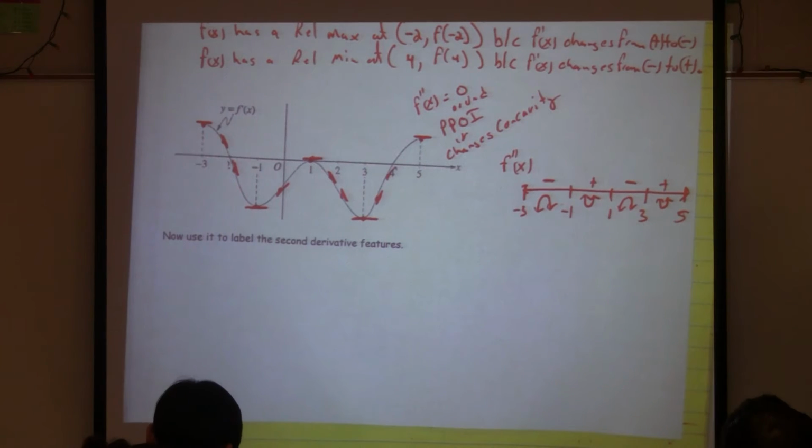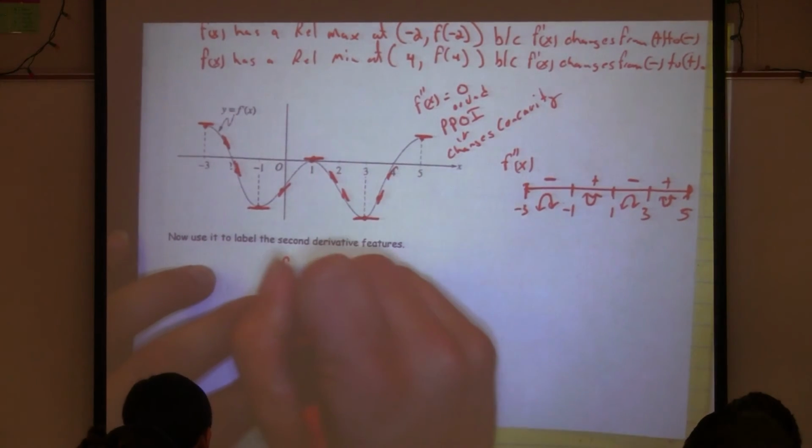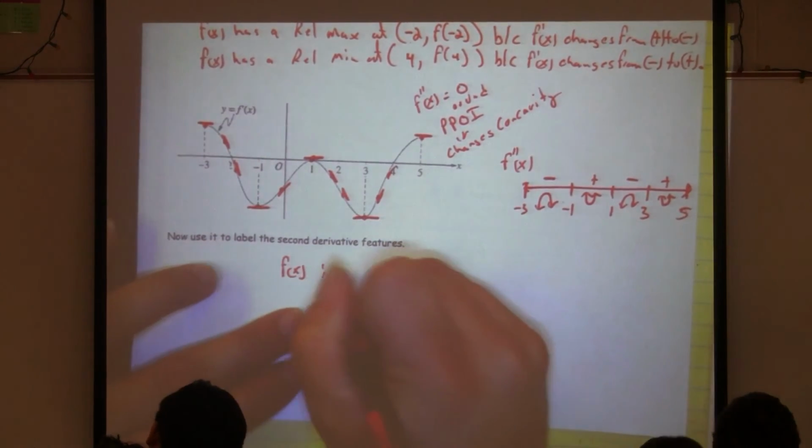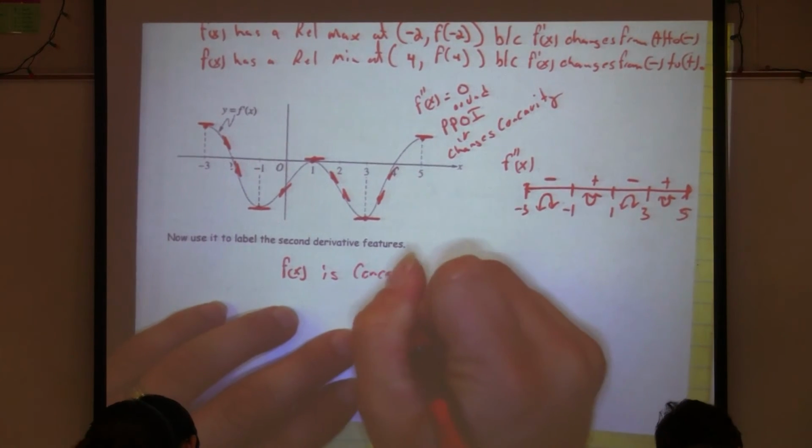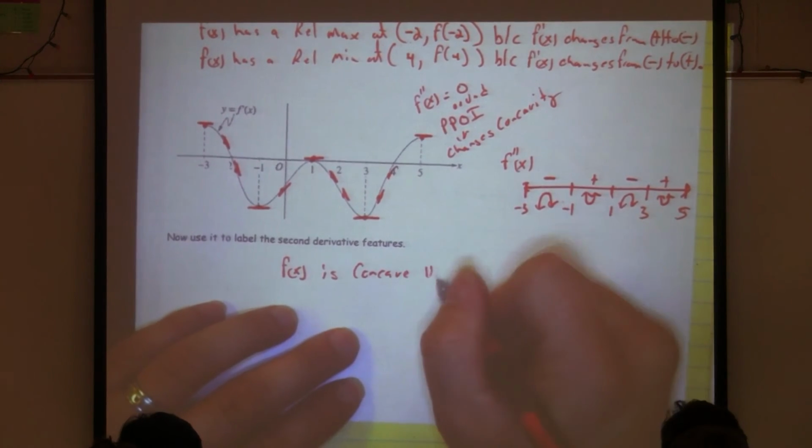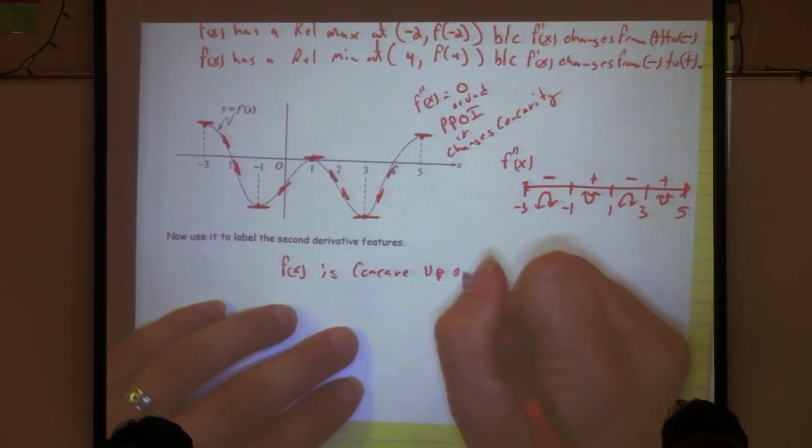All right, so let's label what we can about the original function. f of x is concave up on what intervals?